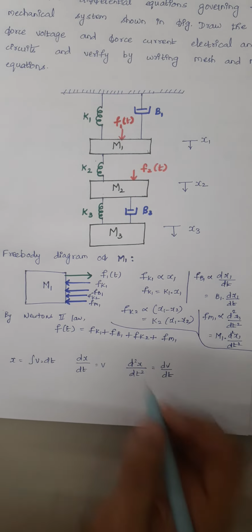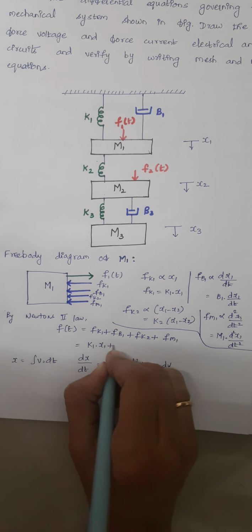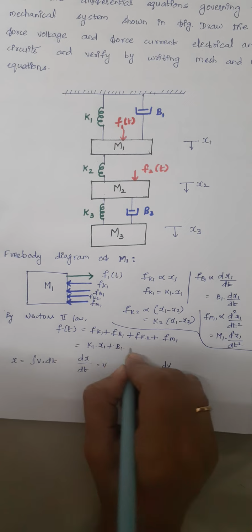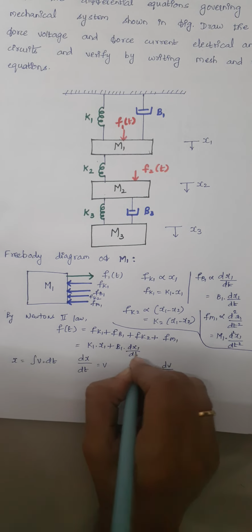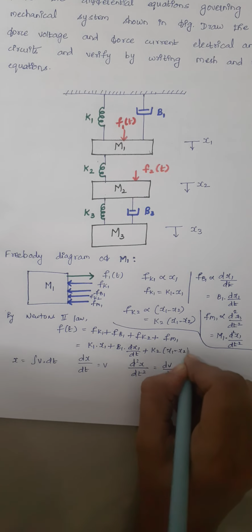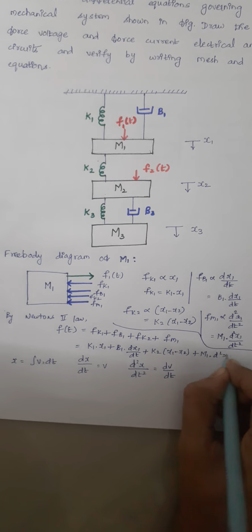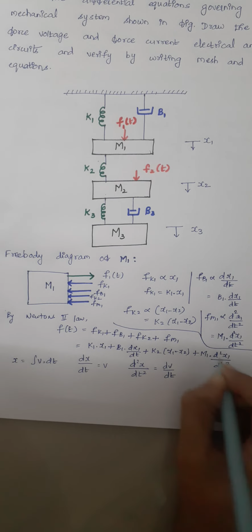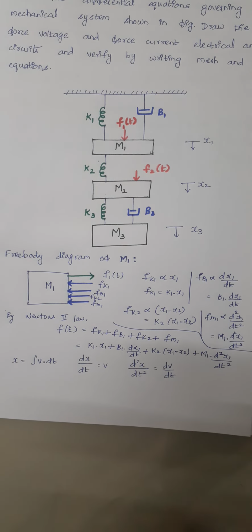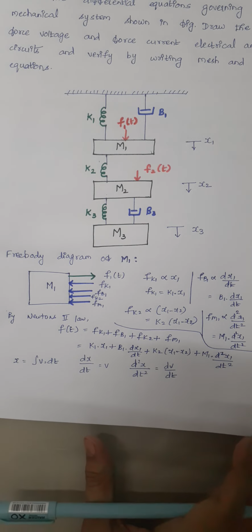Just substitute the values accordingly. Fk1 is k1 x1, plus Fb1 is b1 into dx1 by dt, plus Fk2 is k2 into x1 minus x2, and last Fm1 is m1 into d square x1 by dt square. Right. Hope you all are clear with this. We have solved a lot of problems like this before.